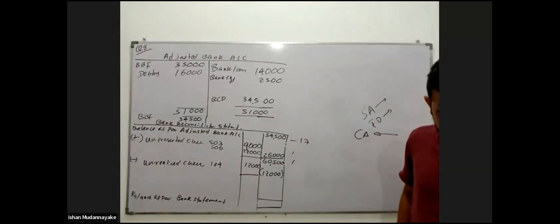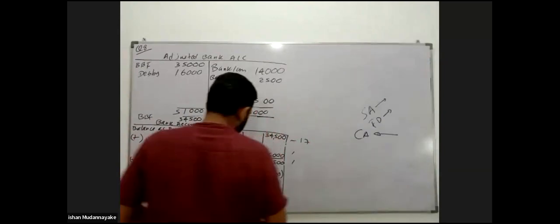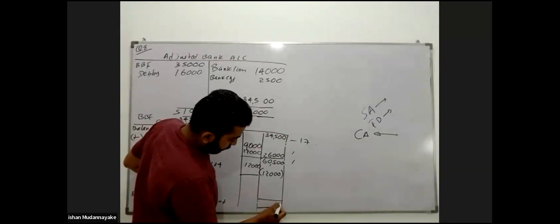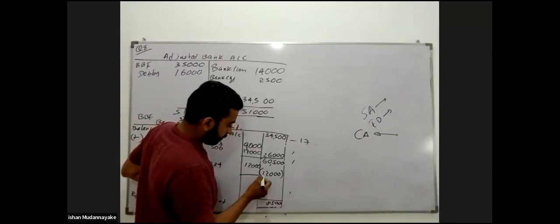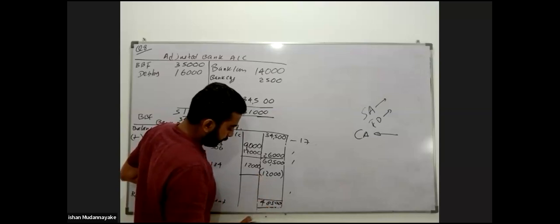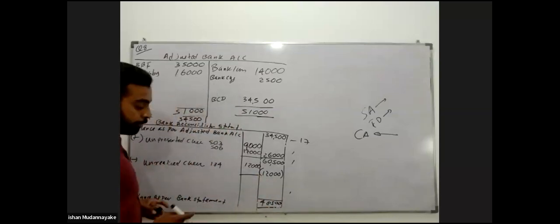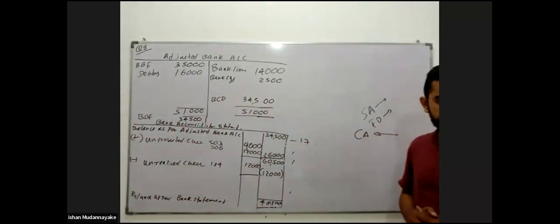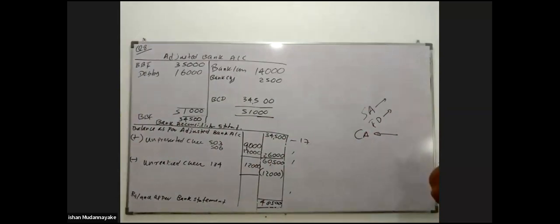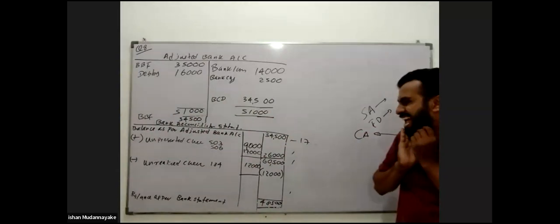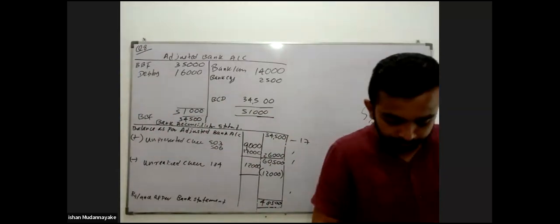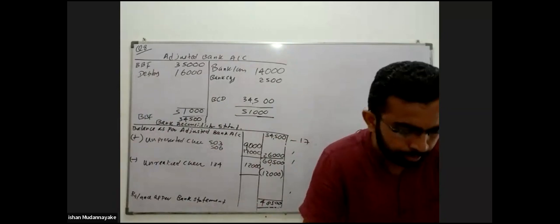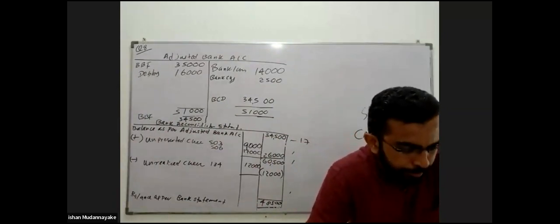Let's see, 40,500. Yes. Now, balance as per bank statement 40,500. Right. Done. The balance as per bank statement is 40,500.